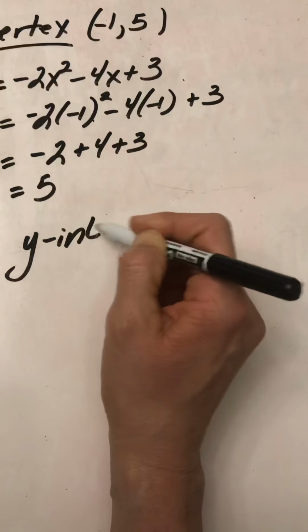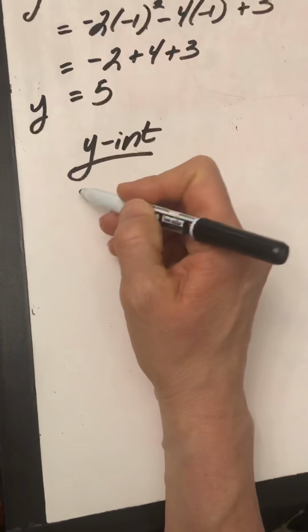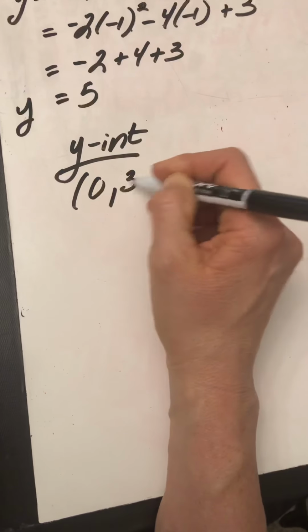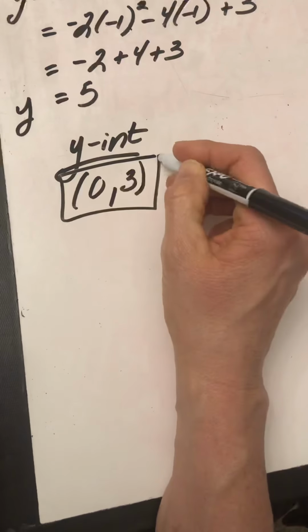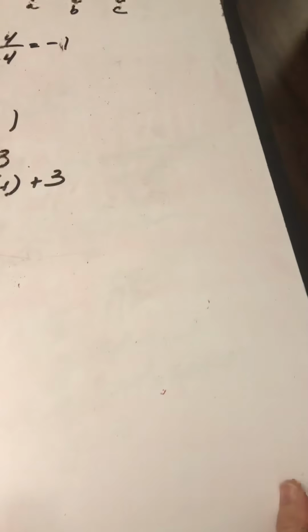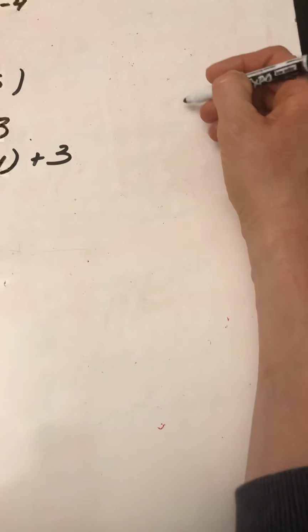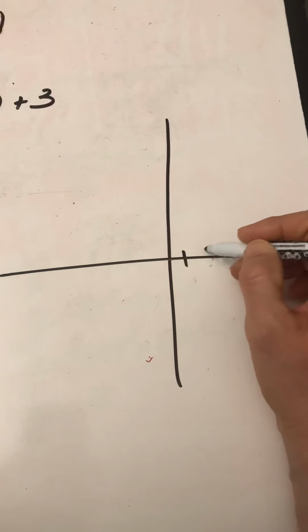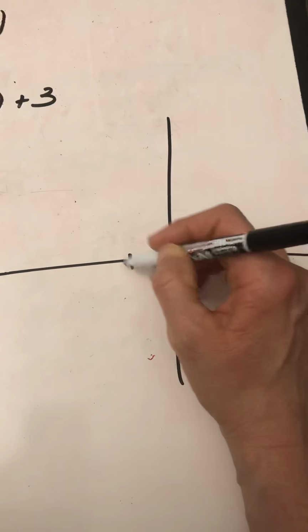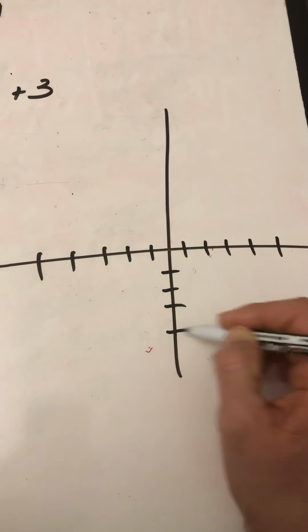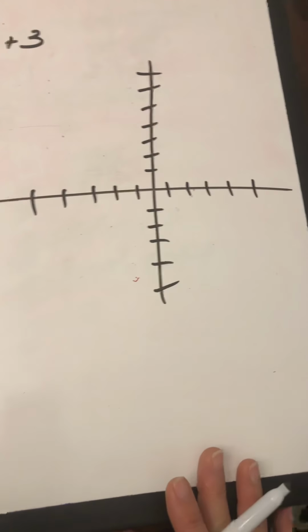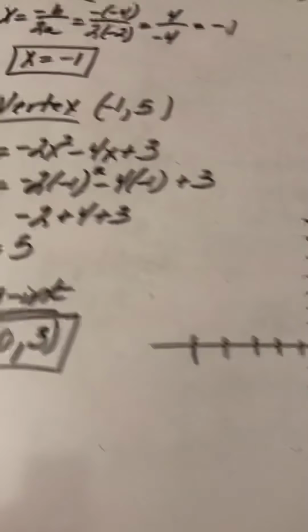My y-intercept is another good point. It's always at 0, C. So for this one, it's 0, 3. Now we're ready to start graphing. Plot your axis of symmetry.